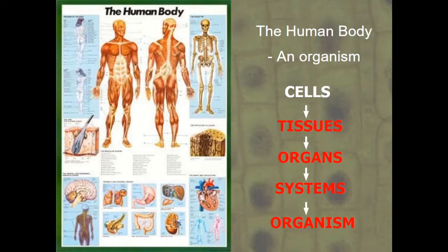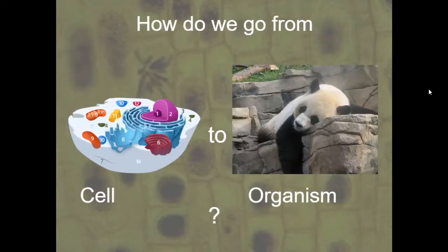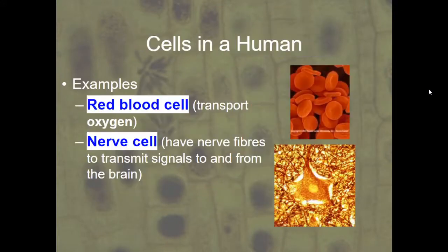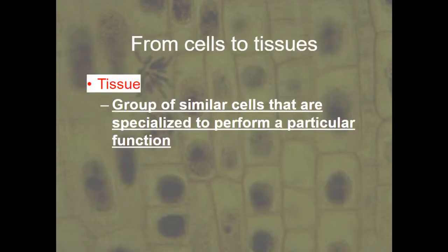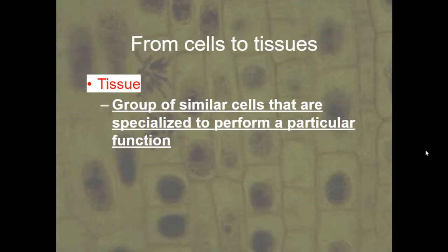Now, before I end, you do also need to write down these red words and their definitions on a separate piece of paper. I don't think I really need to show that to you. It's pretty straightforward. So you need to write down organism, which is a living thing, and then tissue, and its definition: a group of similar cells that are specialized to perform a particular function.